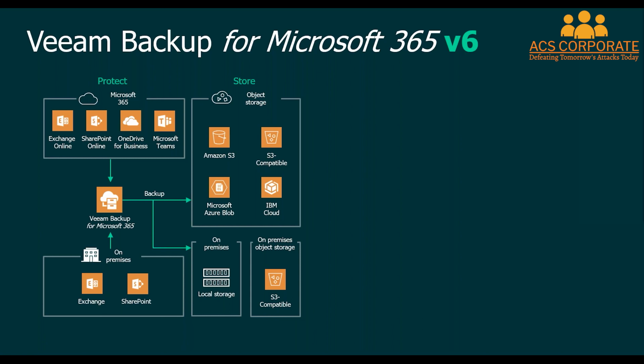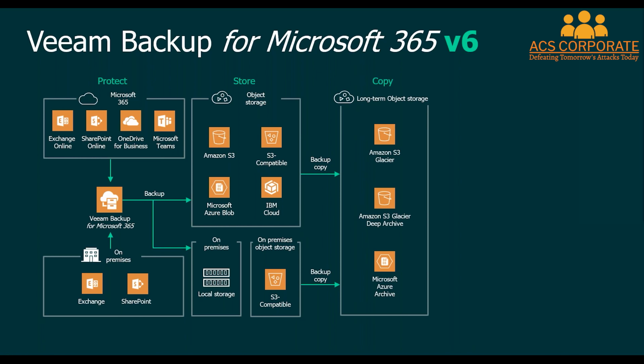So you can choose what type of storage you like and use it with our product. Another feature which comes with version 6 is the ability to copy the data to long-term object storage. As you can see, we support Amazon S3 Glacier, Amazon S3 Glacier Deep Archive, and Microsoft Azure Archive.